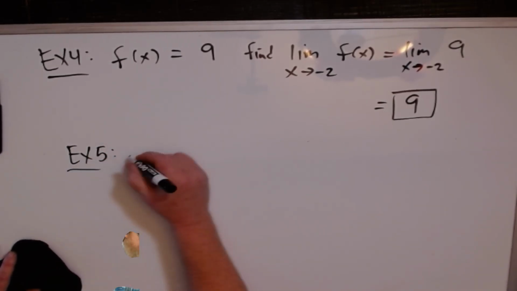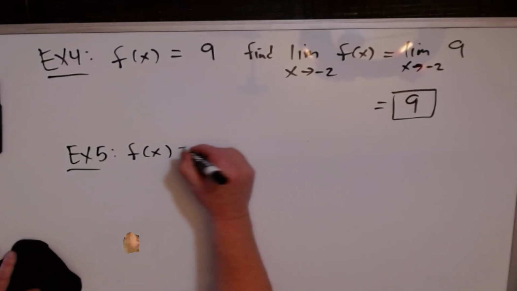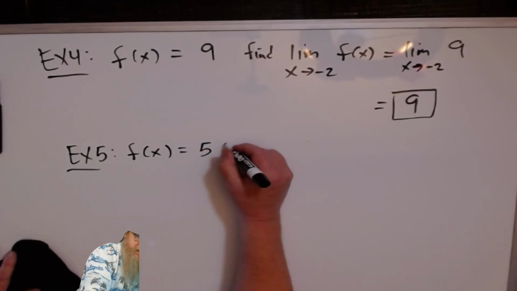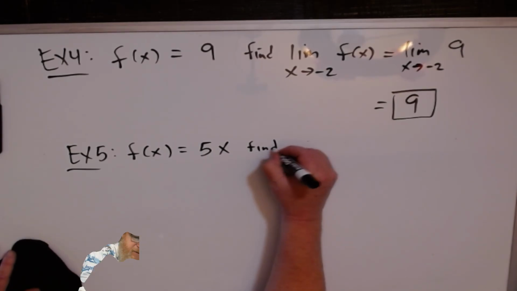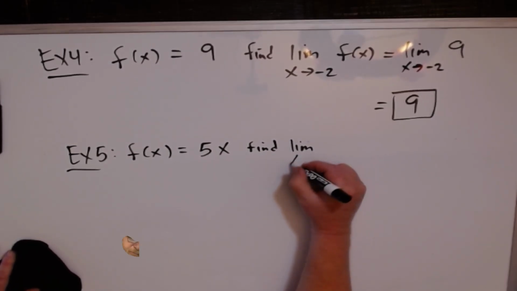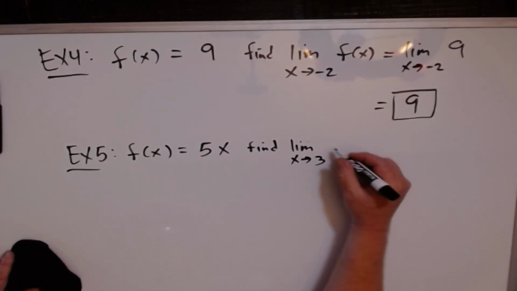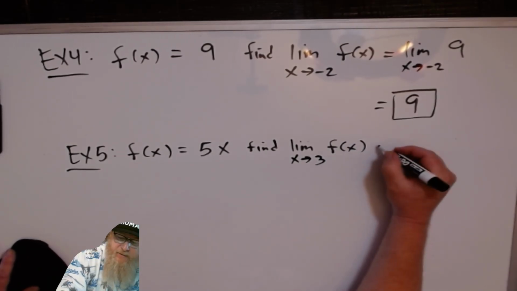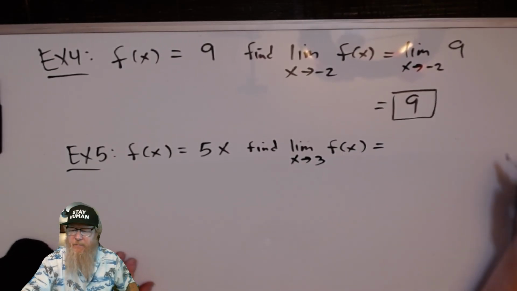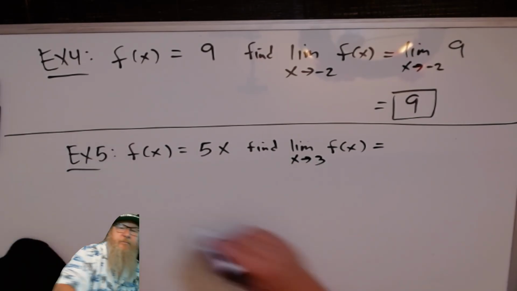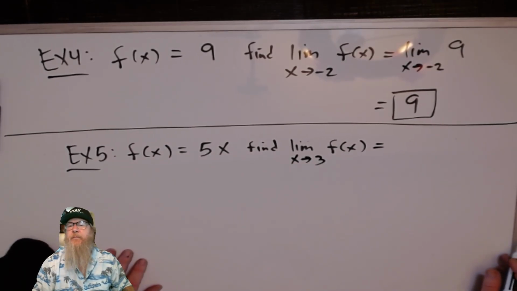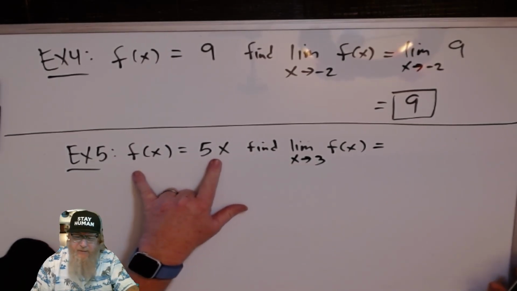These will go quickly. How about f of x is 5x? Find the limit as x goes to 3 of f of x. Okay, again, directly substituting.